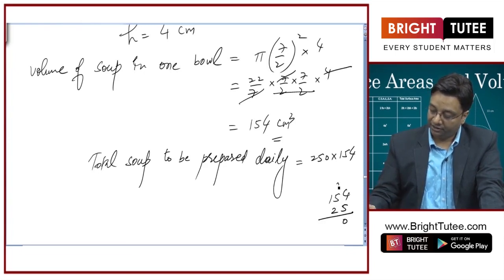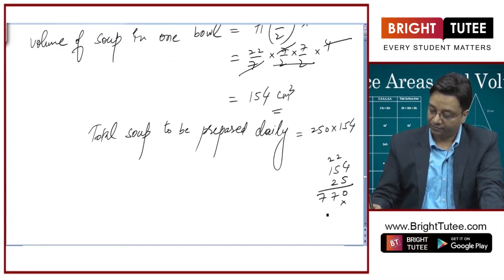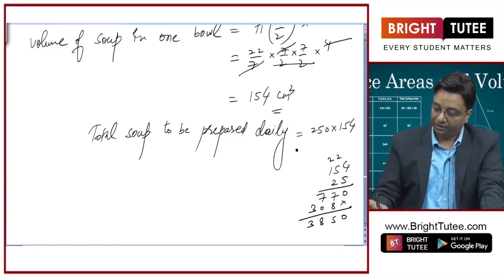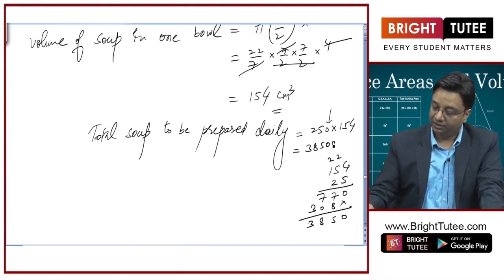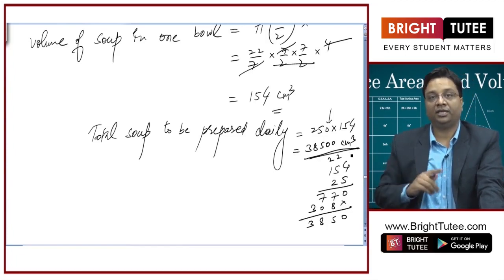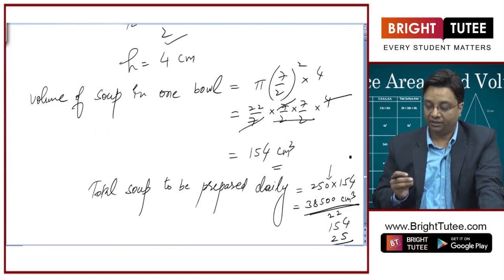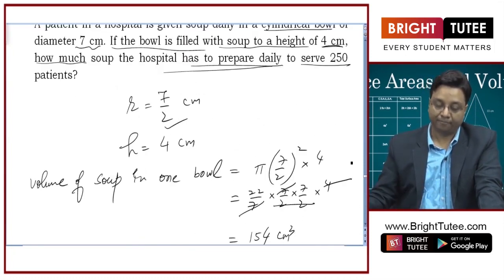So this will be 22, 25, 27, 2. This will be 308. So it is equal to 38500 centimeter cubes. So this much soup the hospital has to prepare daily to serve 250 patients, right?